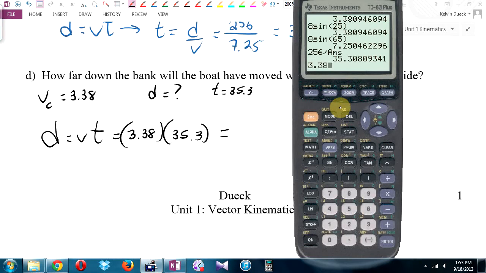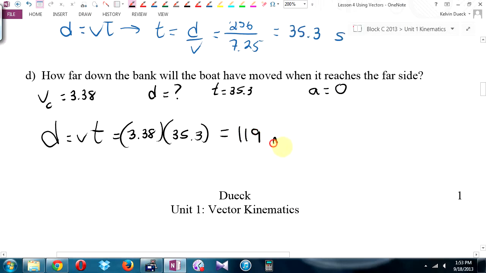I have 35.3 stored on my calculator. I'm going to go second function answer because that's less typing and more accurate. Do you get 119.34? With 2 or 3 sig figs, 119 meters.